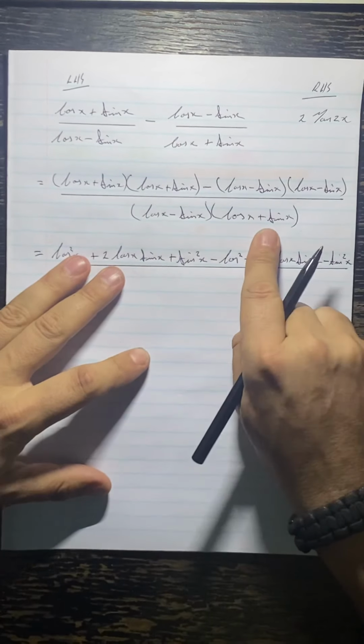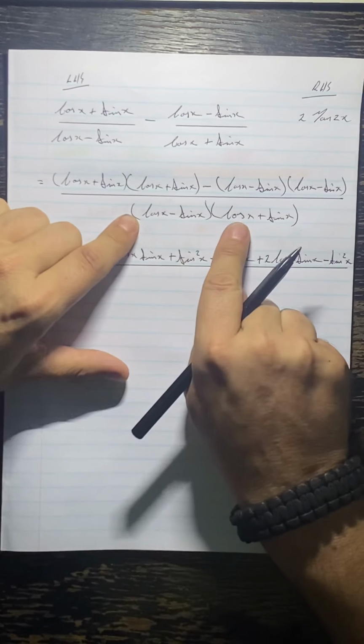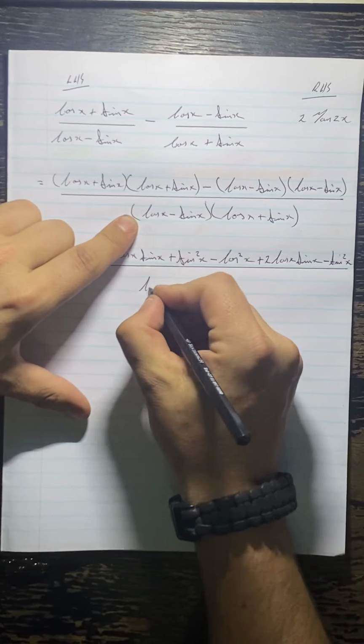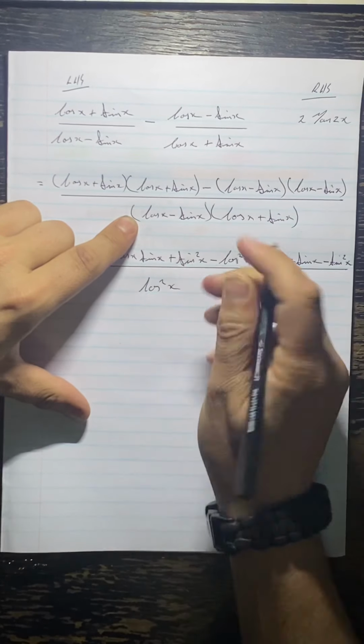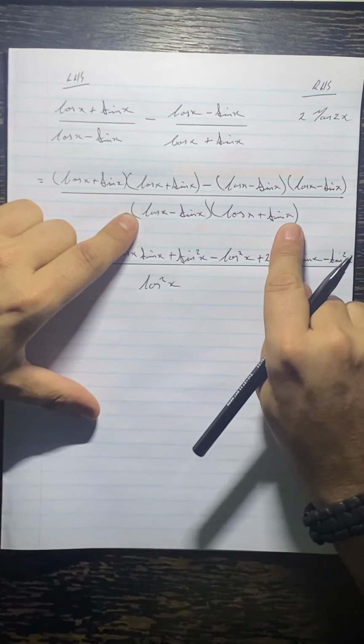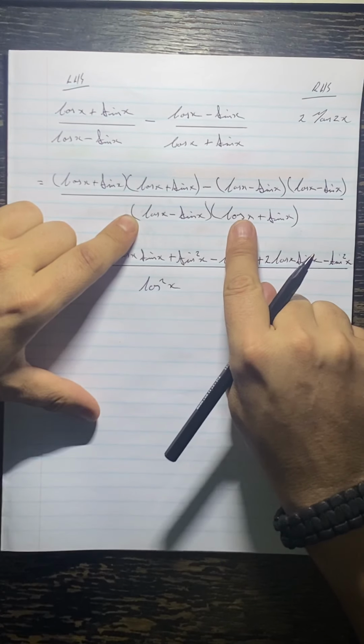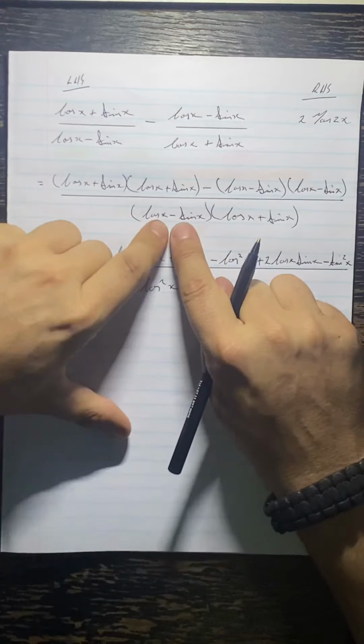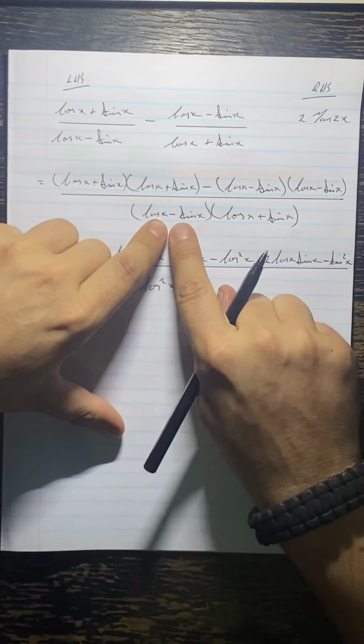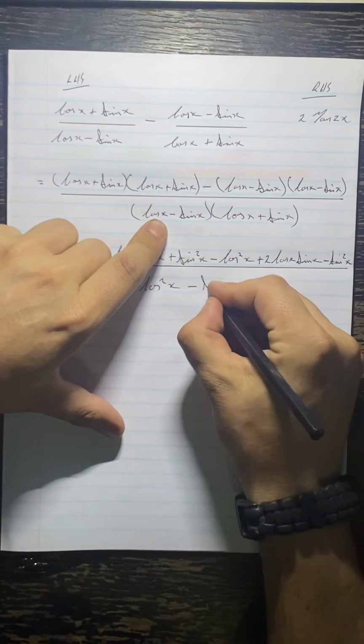All over, another binomial with a binomial. The firsts give us cos squared x. The outers give us plus cos x sine x. The inners give us minus cos x sine x, so they cancel. Then your lasts give you minus sine squared x.